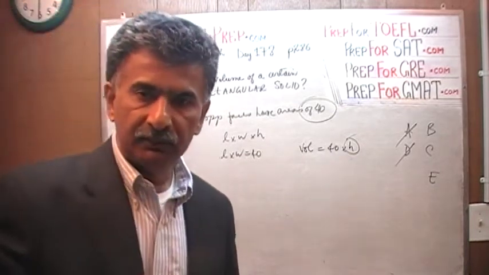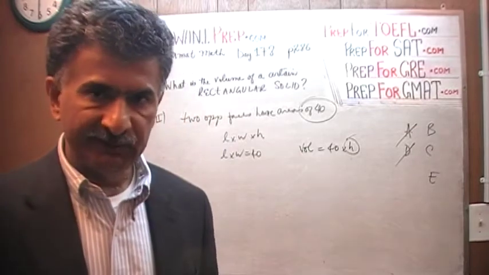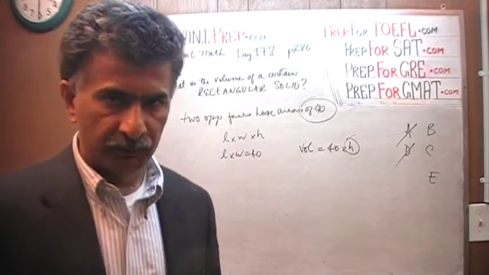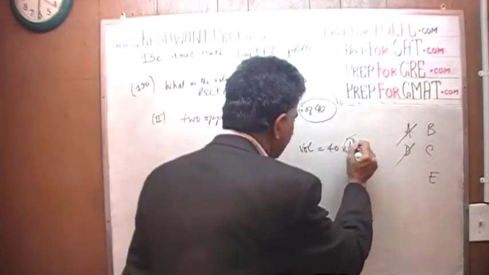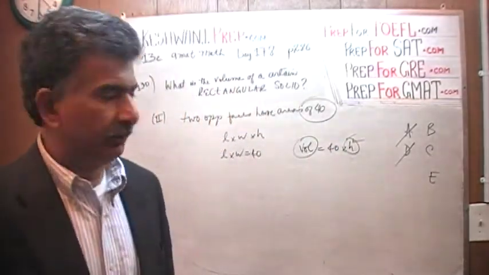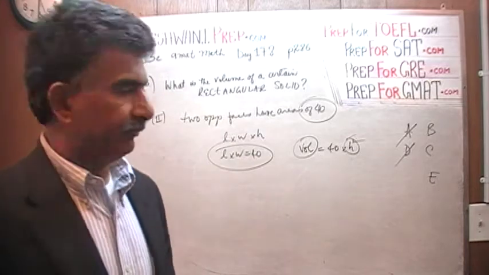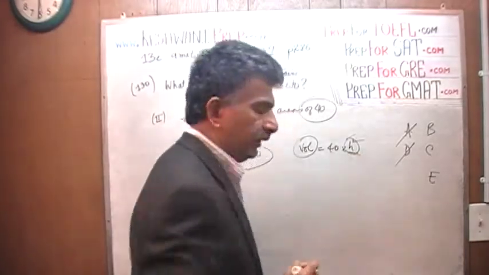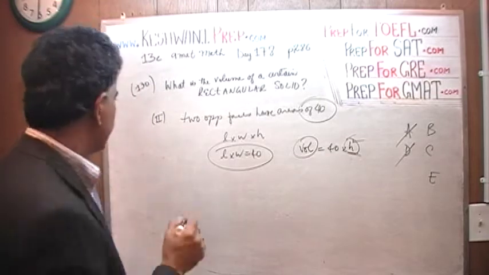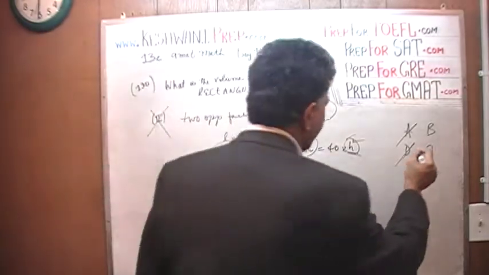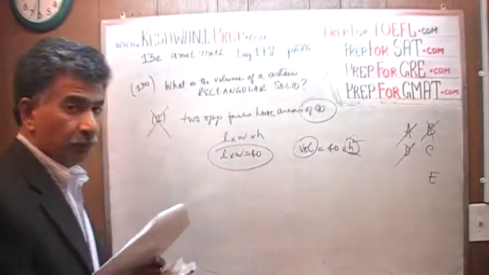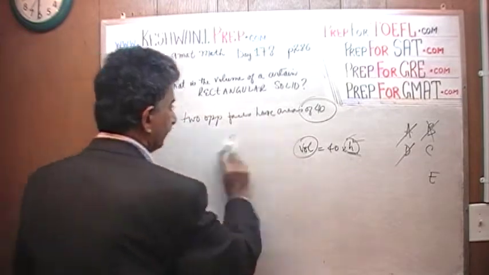The deeper the box, the more space it has inside, the more stuff you can put in it. Unless we know the height, we cannot figure out the volume. All we know is that two sides multiplied together give us 40, but that's not enough. What about the third side? The height is not given. The second statement by itself is also not enough. Let's move on. Let's put them together and see what happens.